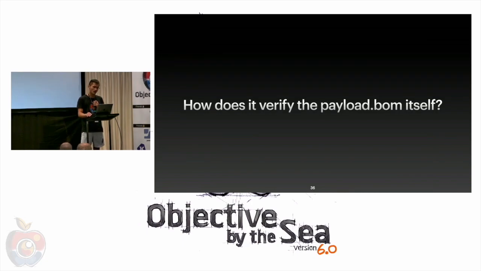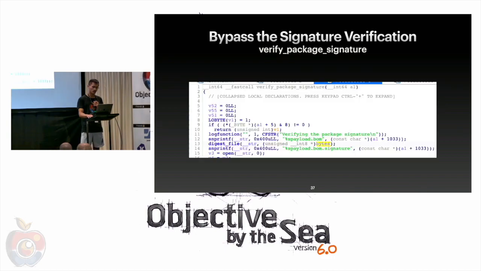But how does it verify the payload.bom file itself? Another function named verify package signature is responsible for the verification. First, it opens the bom file and calculates its SHA-1 value. Then, it opens the payload.bom.signature file and reads the signature file content.